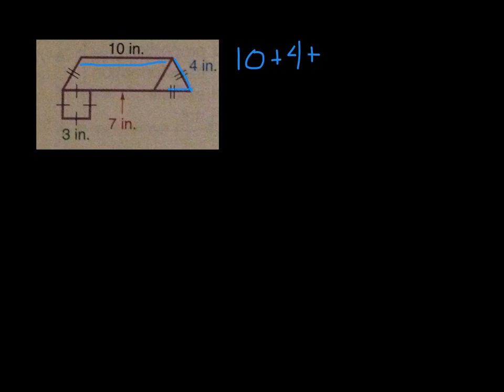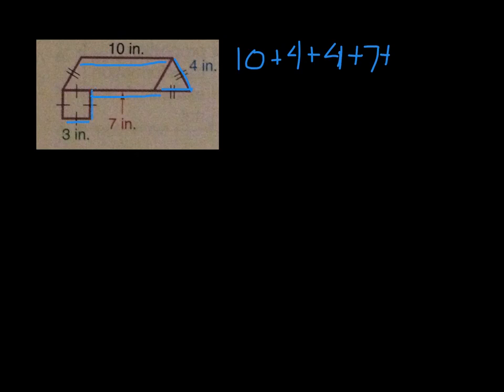plus this one. Remember these 2 dashes here, right here and here, mean that these sides are congruent. So this side is equal to this one. So it will be another 4 inches, so plus 4. And now here, they gave me this part right here is 7 inches, so I add that in. This part's 3. These little dashes mean that it's congruent.